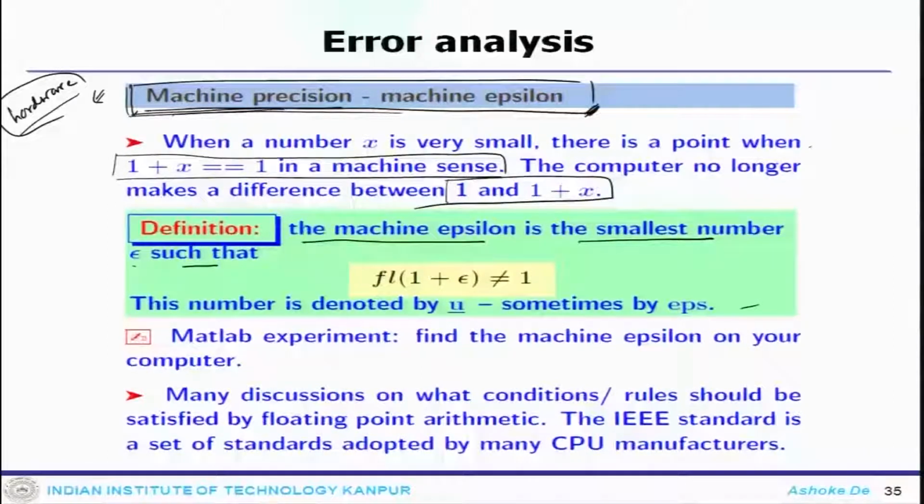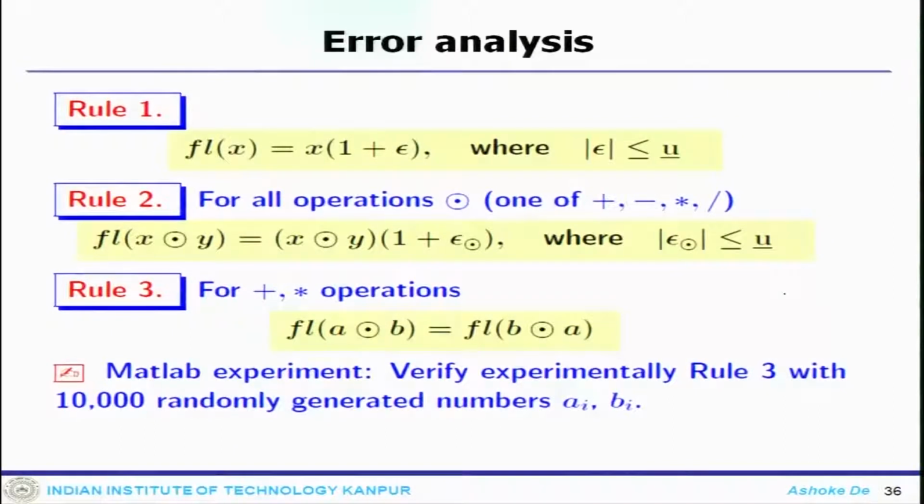Many discussions are going on about rules for this kind of calculation, and how to get a precise machine error. Once you talk about the errors associated with machine precision, you have certain rules to follow.